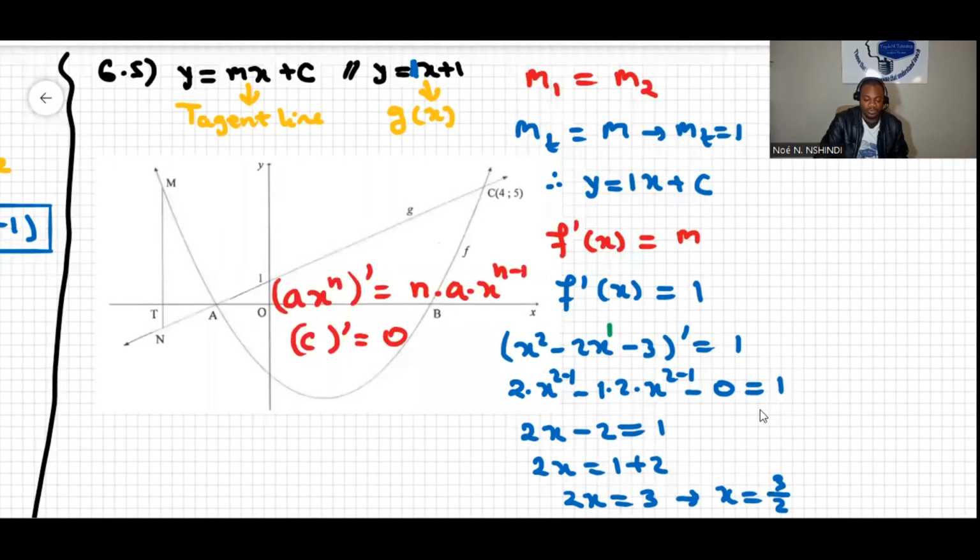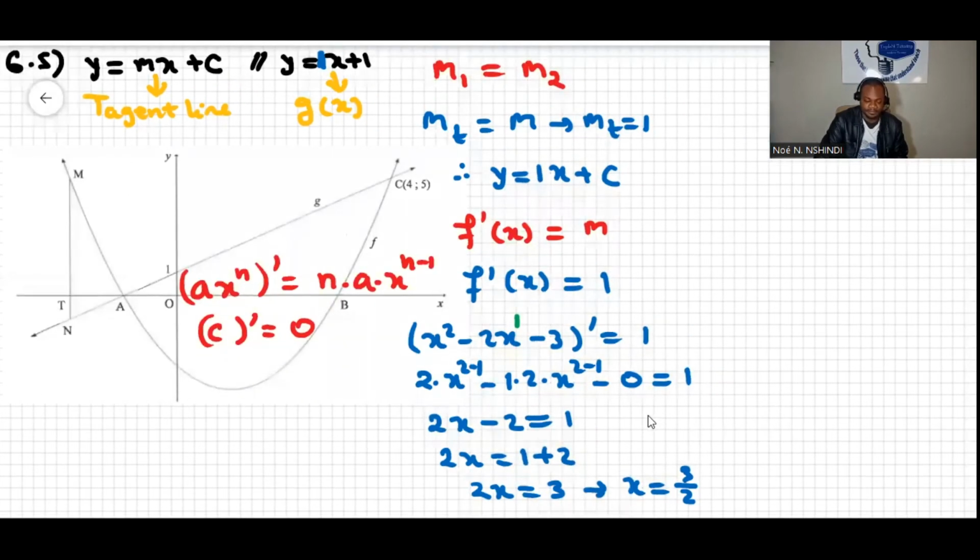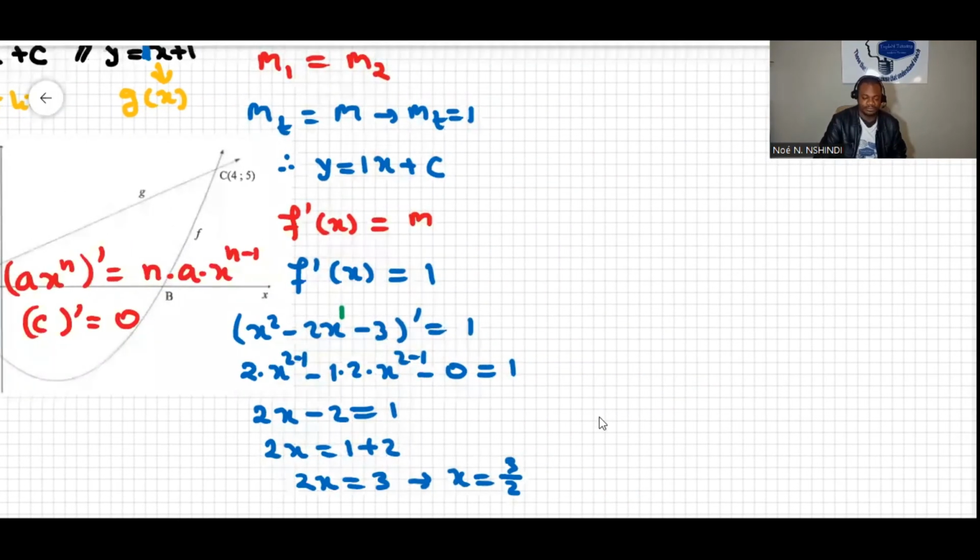Now we're going to find its corresponding y value. You know, a point is given, the point has both x and y value, right? So let's find the other coordinate at this point.